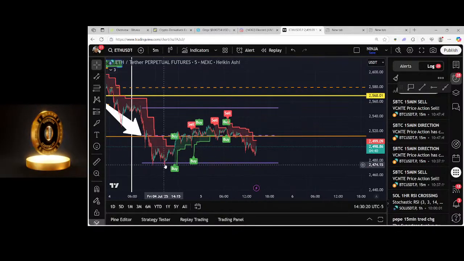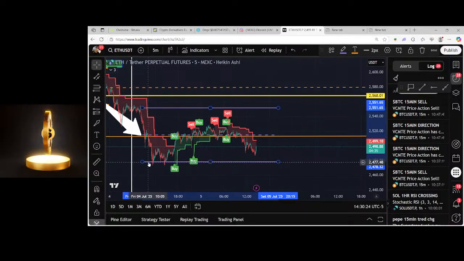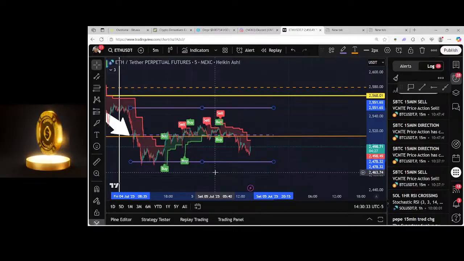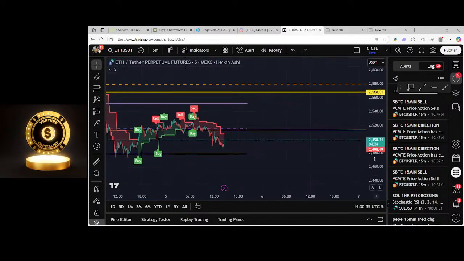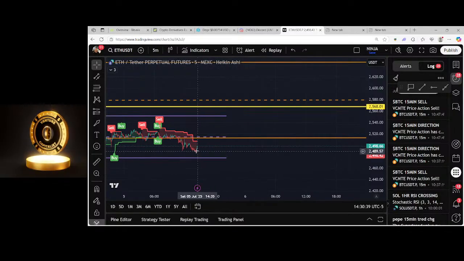We're looking for a target area of an entry somewhere off of this section here, which we didn't quite get, but then we'd be targeting this up move. So if you do a 5 minute, which is okay, not that big of a deal, you would have this section here.